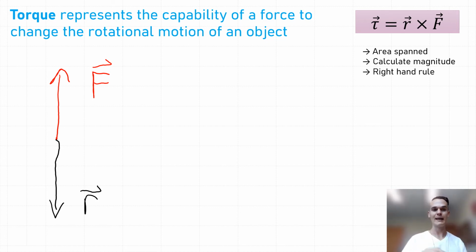But we see that if the force vector is pointing directly upwards and the position vector is pointing directly downwards, there is no parallelogram created. Technically, the area they span would be undefined. What we say whenever something like this happens is that the cross product doesn't exist.